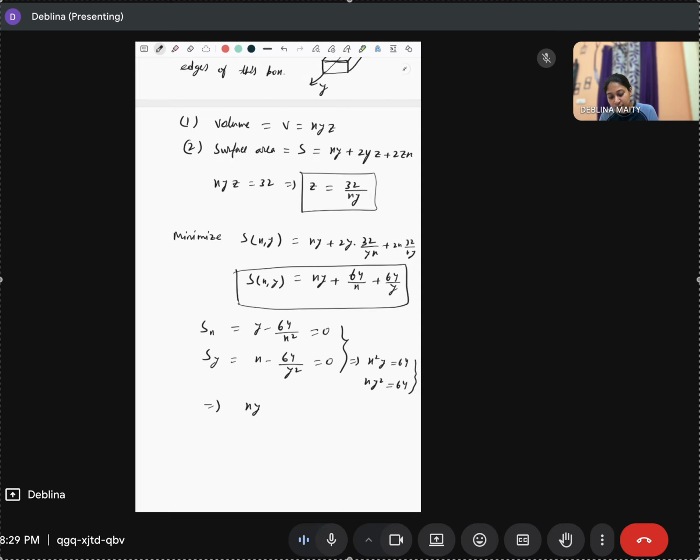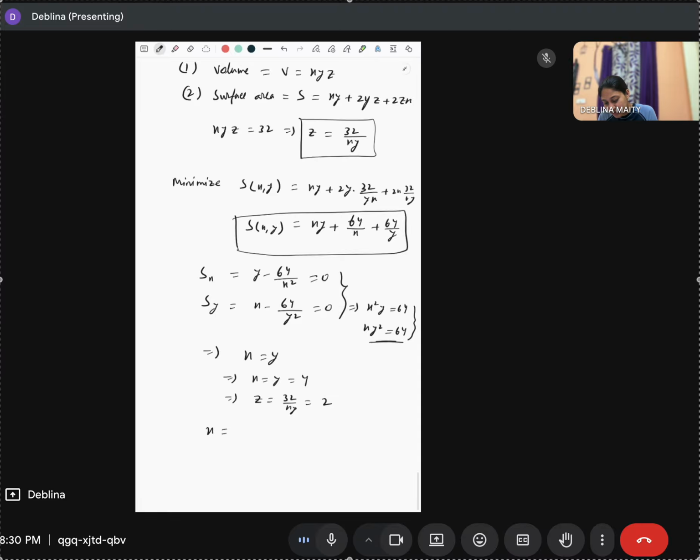If we divide these two, we get x equals y. From this equation, x equals y equals 4. Then z equals 32 by xy, which gives 2. So x equals 4, y equals 4, and z equals 2.